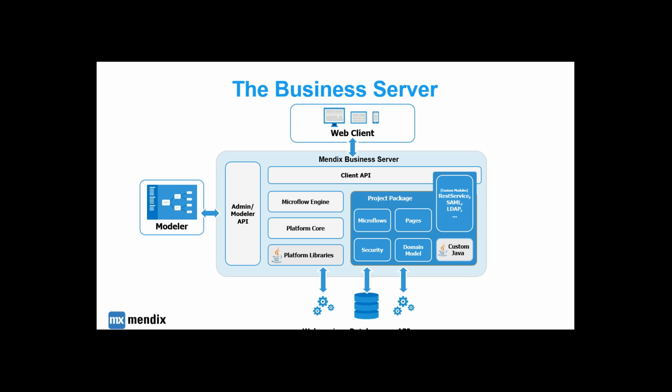As we've highlighted, you have that custom Java, which is an aspect of your project package. So when you build a Mendix application, you have the ability to extend and customize everything with your pages, your microflows, your security, your domain model, and then your services that allow you to consume or publish data outside of your application, all of which communicate through that client API.